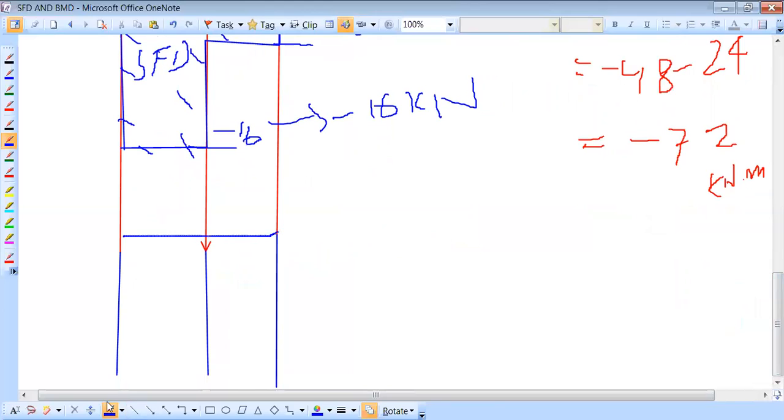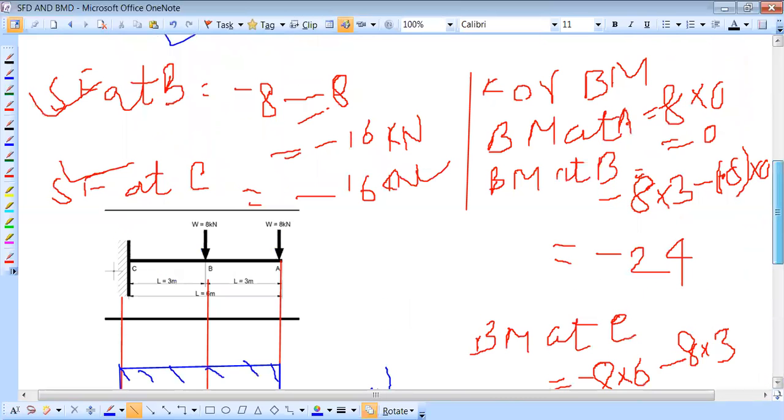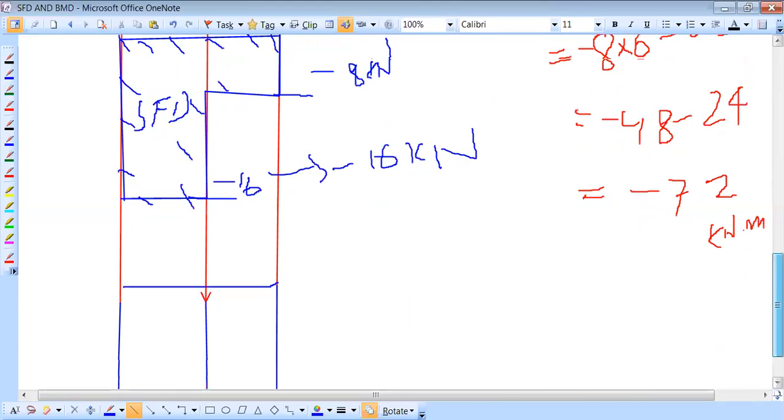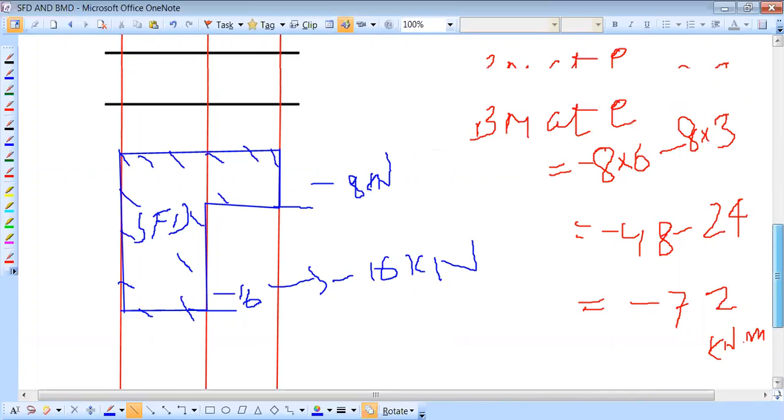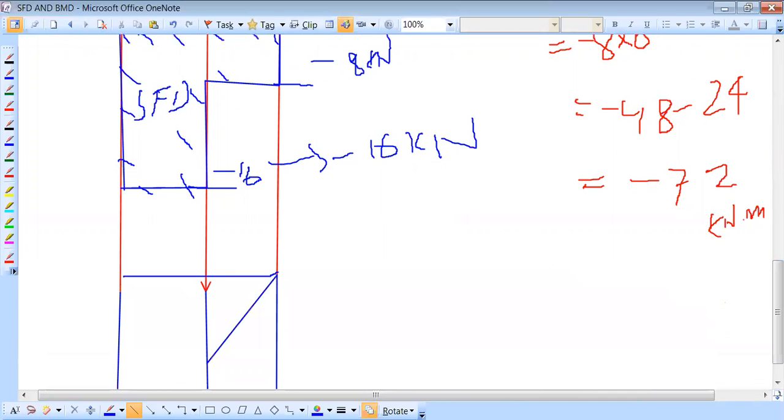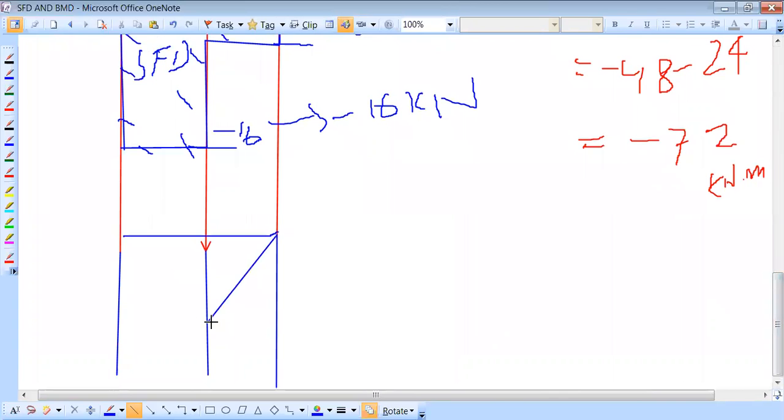What is the BM at A? We already found BM at A is equal to 0, and BM at B is equal to minus 24. That means BM is 0 at A, then BM at B is -24, with a straight line between. Then BM at C is equal to how much? -72. Then draw a perpendicular line again, 72.